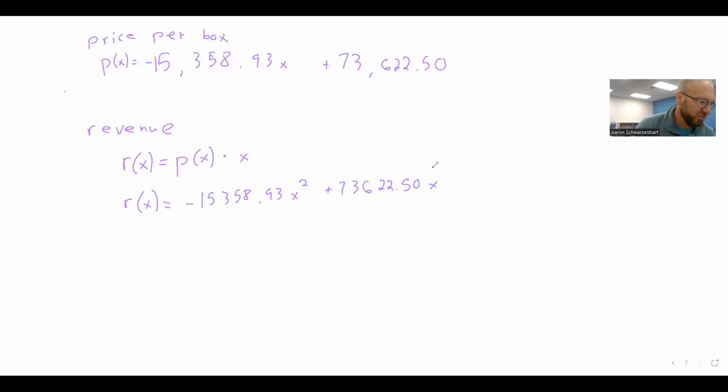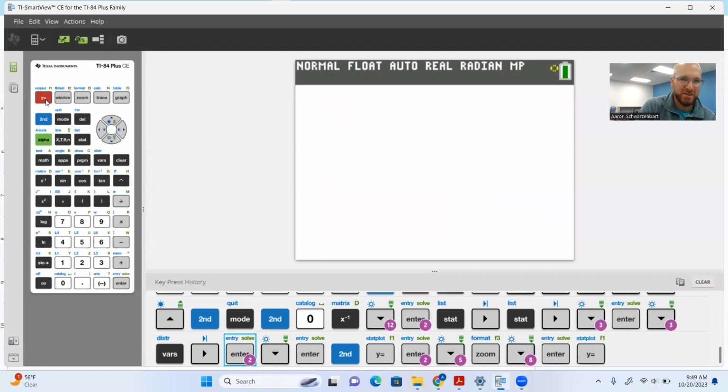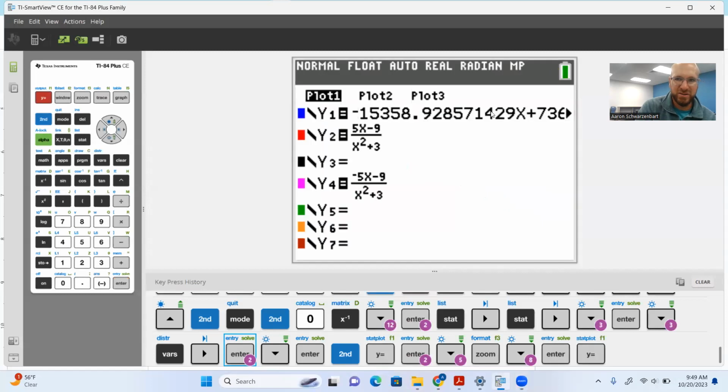If I want to find my maximum revenue, I just need to find the vertex. I could do negative b over 2a. I think I'm going to use a graphing calculator because that's also a valid option. So I'm going to go over to my graphing calculator and graph that. I'm going to go to y equals and clear all of this out.